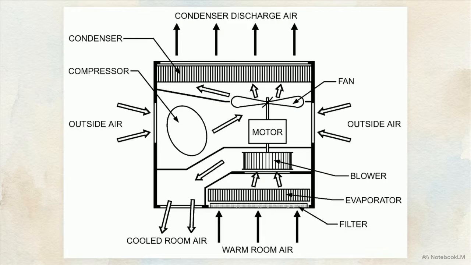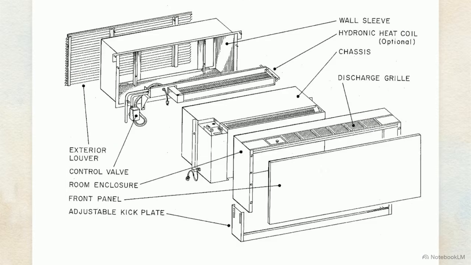We start with this schematic of a standard window unit, which establishes the baseline mechanical architecture of a packaged direct expansion loop. Notice the strict separation of the indoor evaporator airflow and the outdoor condenser airflow. This exact fixed loop logic scales directly into commercial packaged terminal air conditioners, or PTACs, applied across multi-zone buildings.